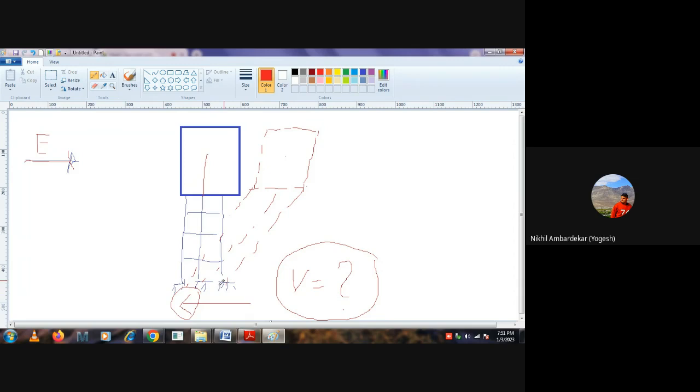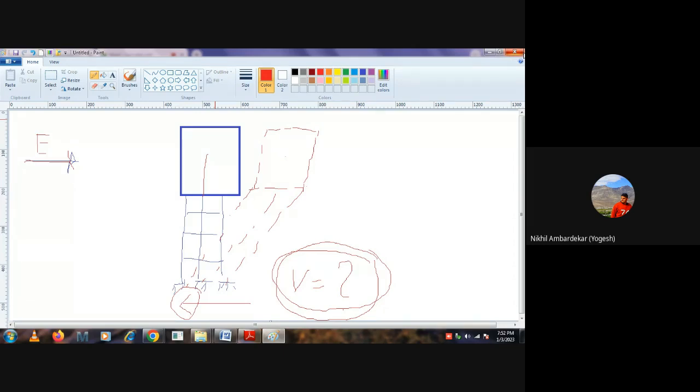So our ultimate aim is to find the base shear. How can we calculate that base shear? What is the basic concept for earthquake forces? In terms of stiffness, correct? If the stiffness is more, the base shear will be more.